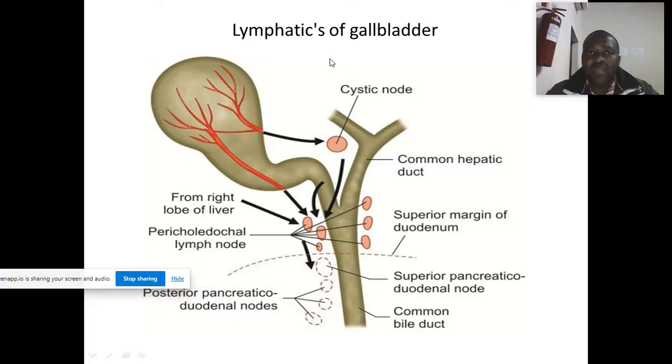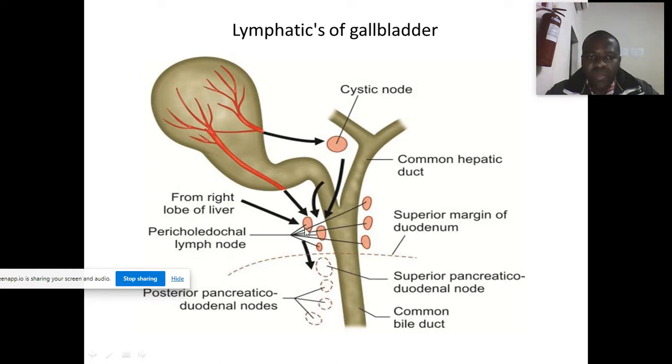So when you're describing the arterial system and venous system, don't forget to talk about the lymphatics. Because without the lymphatic system, the circulation of blood is impossible. So we have the cystic node, the one located in Calot's triangle.